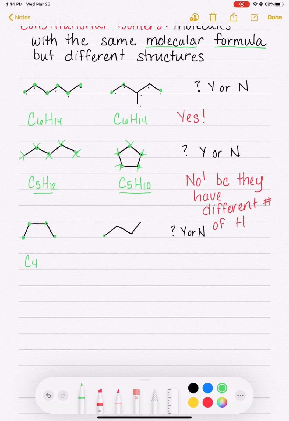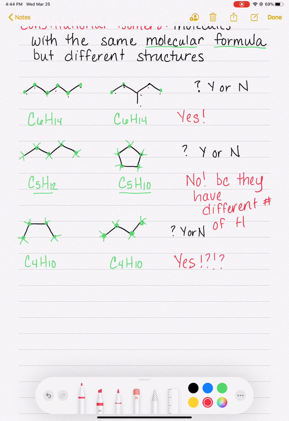Next one over, 1, 2, 3, 4. C4. So that means we need to count hydrogens. 1, 2, 3, 4, 5, 6, 7, 8, 9, 10. 1, 2, 3, 4, 5, 6, 7, 8, 9, 10. So they have the same molecular formula. Does that mean that they're constitutional isomers?